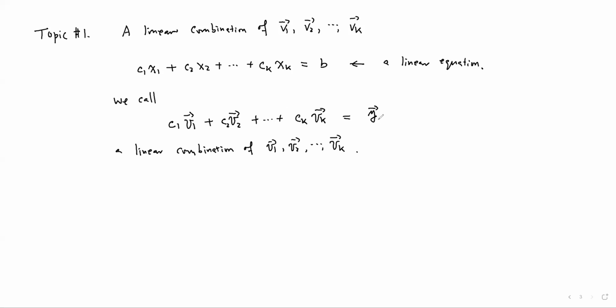A number times a vector plus a number times a vector plus a number times a vector is called a linear combination of the vectors. The result is a new vector.